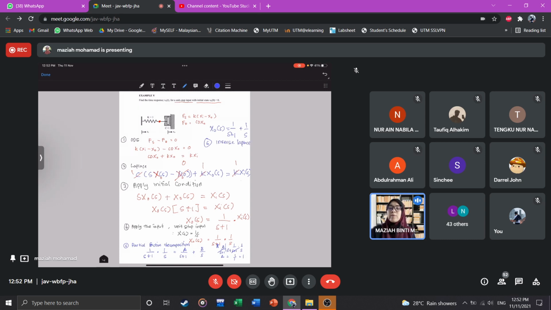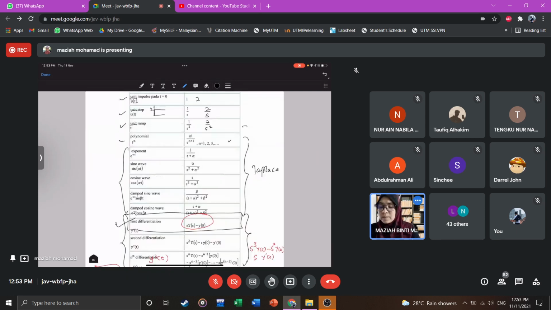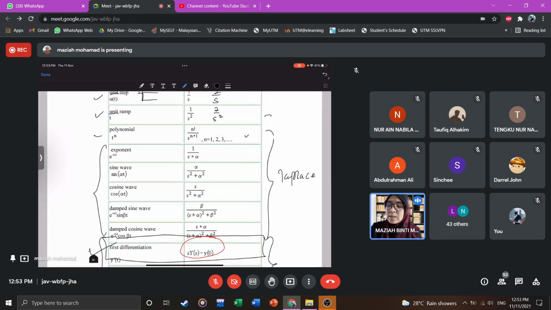Okay, so you're going to inverse X naught S equal to 1 over S plus 1 plus 1 over S. So if you inverse that, X naught S will become X naught T.